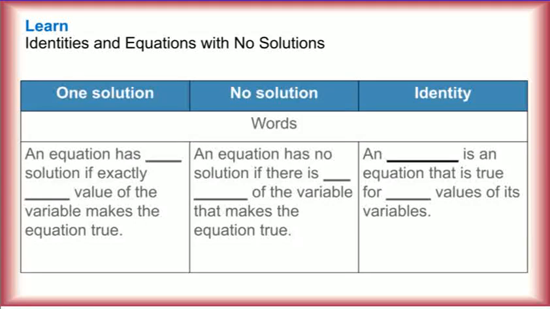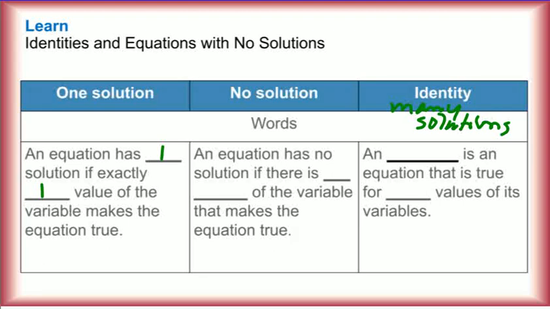And our last part for today is identities and equations with no solutions. So you have one solution, no solution, or identity, which means it's many solutions. An equation has one solution if exactly one value of the variable makes the equation true.